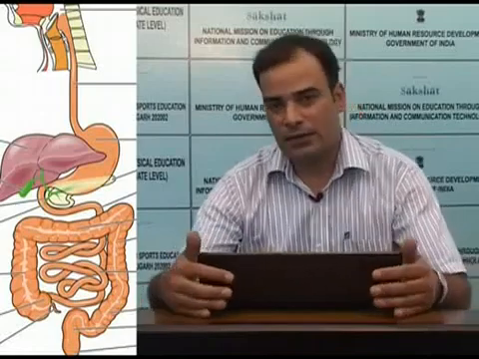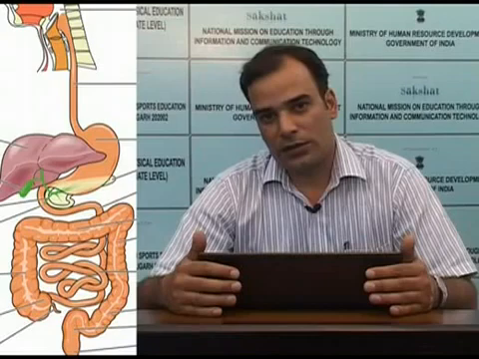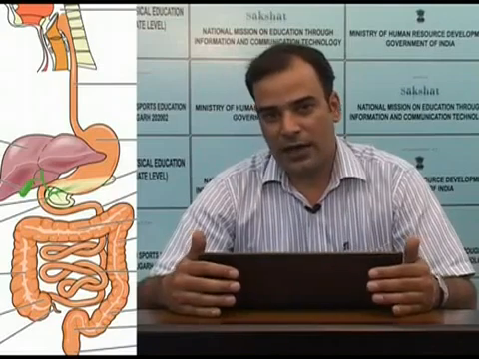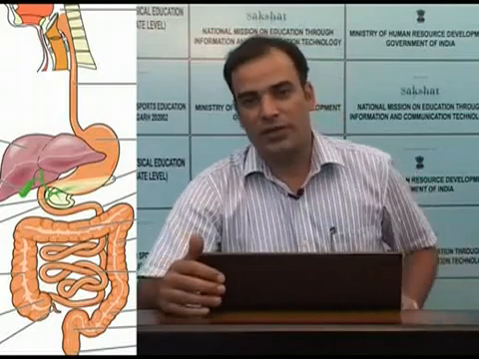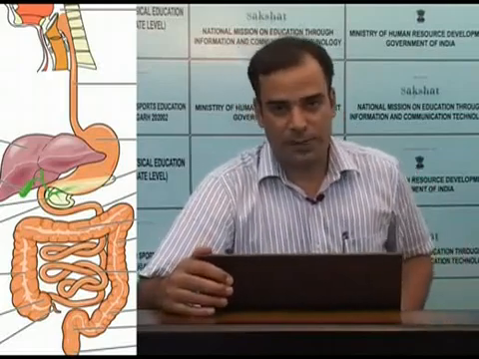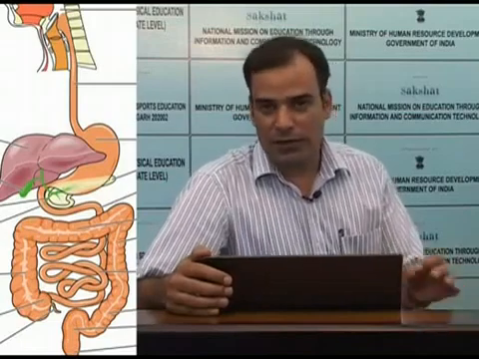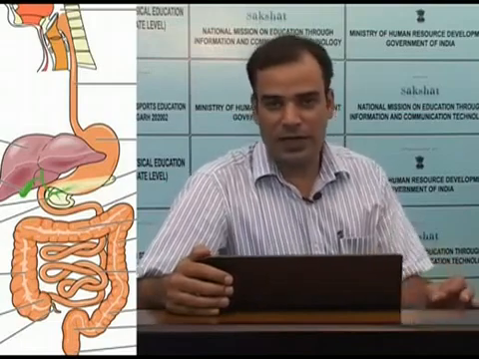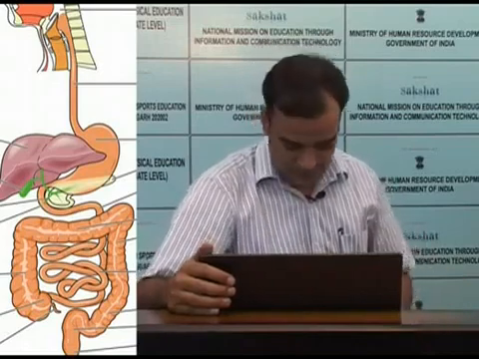On the other hand, the submucosal plexus controls the secretions of the GIT, and some local controls are also associated with the submucosal plexus. In brief, both the functions, that is movements and secretions of the GIT, are regulated by its own nervous system.